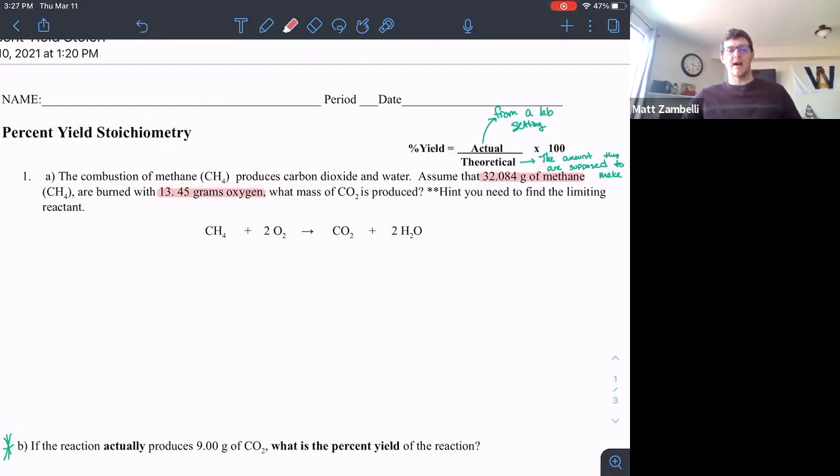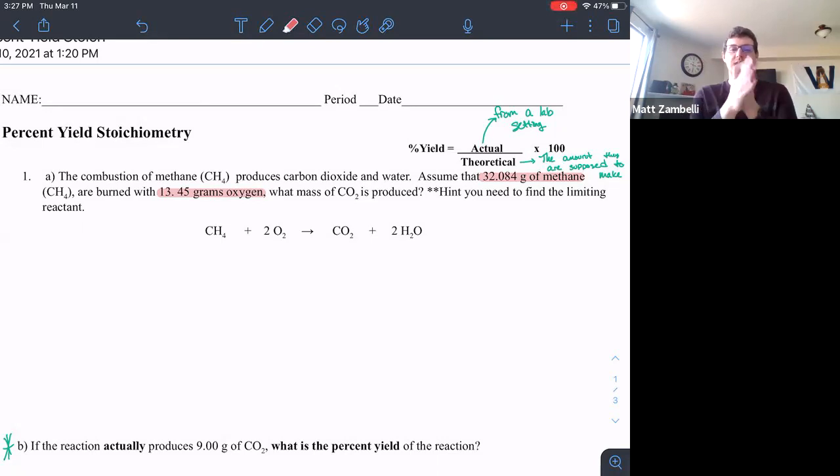It's telling us how much we're starting with. What else is going to be important to us? The balanced equation, awesome. And then there's one last thing that we care about.